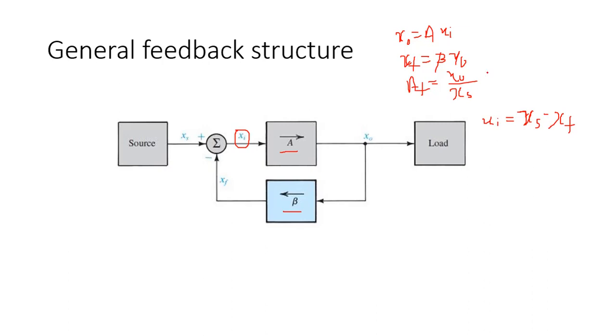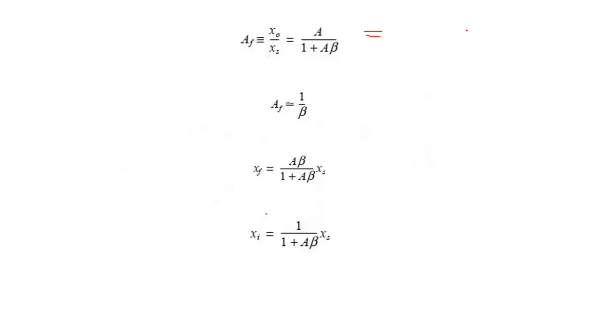So we'll do the substitution over here. X naught is A Xi, and Xs is Xi plus beta X naught. So this is substitute for X naught. Again it is A into Xi over here.